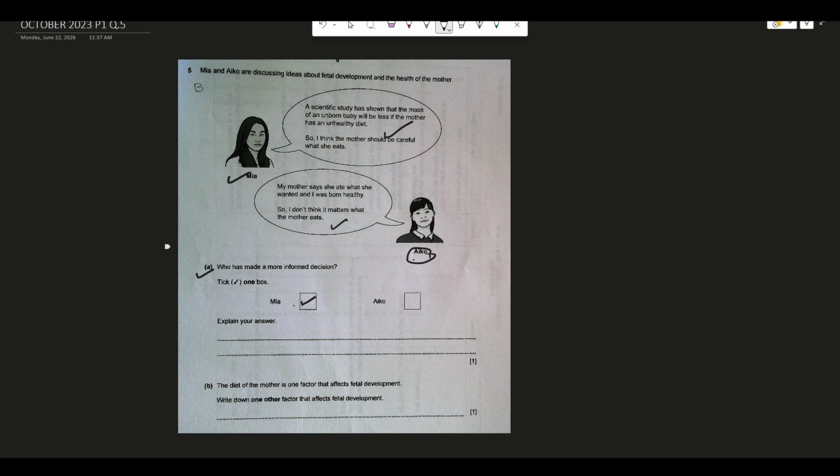Explain your answer. Now, how are you going to explain the answer? Why is Mia's statement an informed decision?